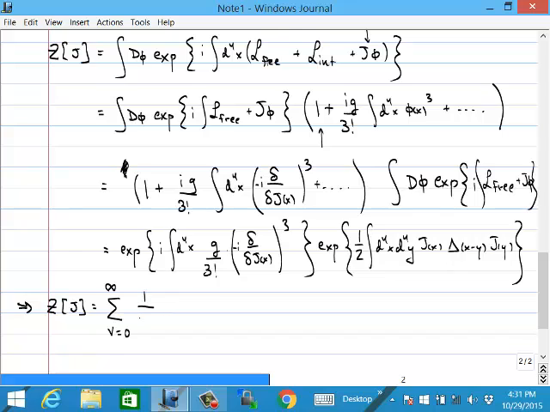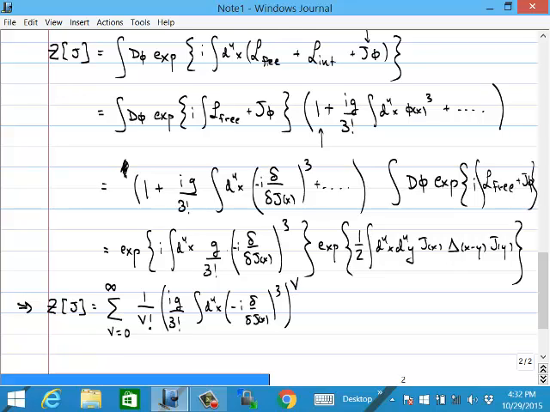So I get a sum over an integer, I'll call that integer v, of 1 over v factorial times the quantity being exponentiated. So you get an ig over 3 factorial times an integral d4x of minus i d by dj cubed, all to the v power.